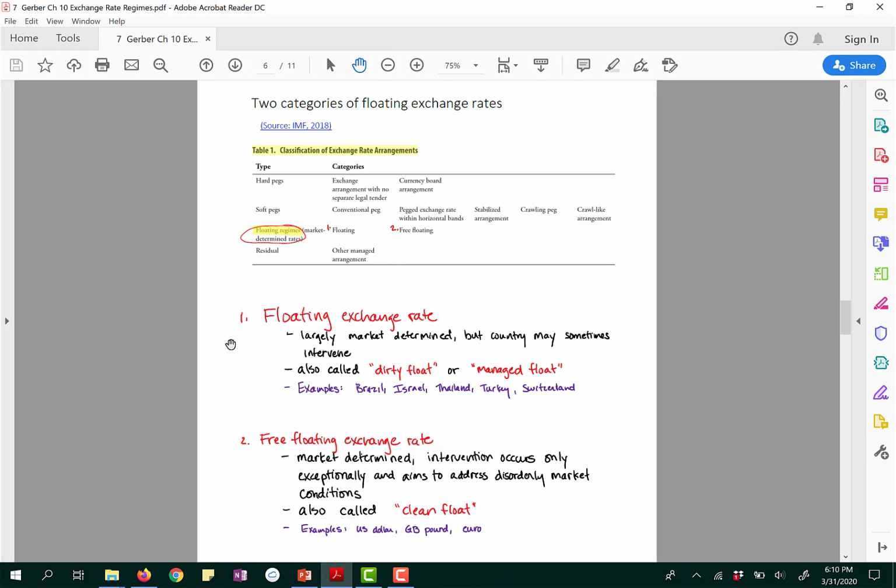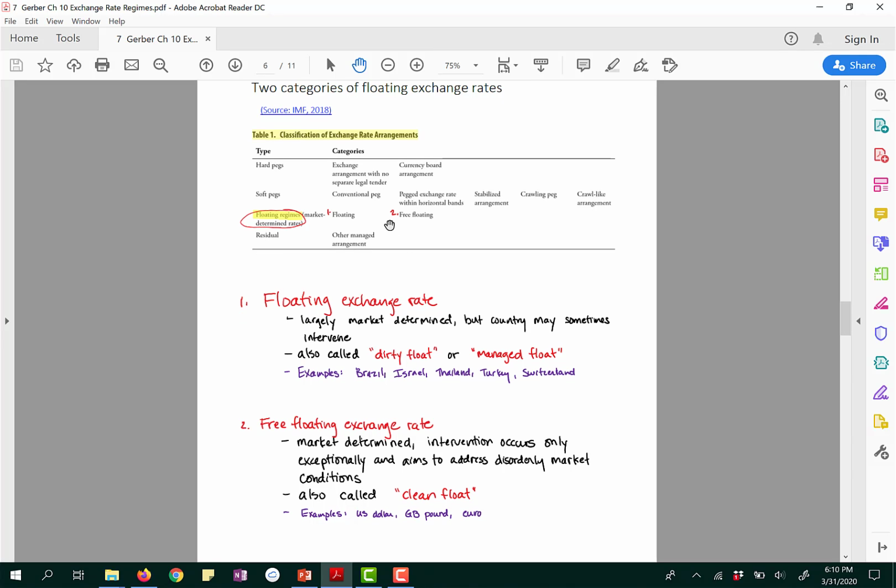This is often called a dirty float or a managed float. So countries intervene whenever there are special circumstances, like, for example, large amounts of capital inflow or capital flight that are affecting the exchange rate. Countries that fall into this category are Brazil, Israel, Thailand, Turkey, and Switzerland.